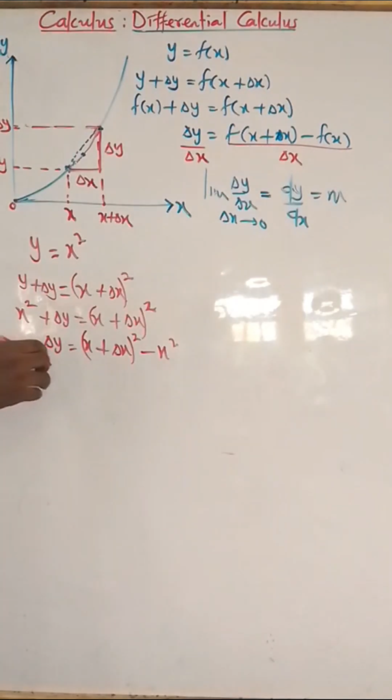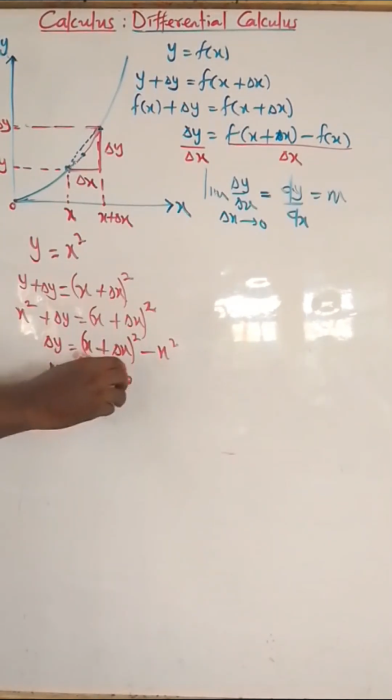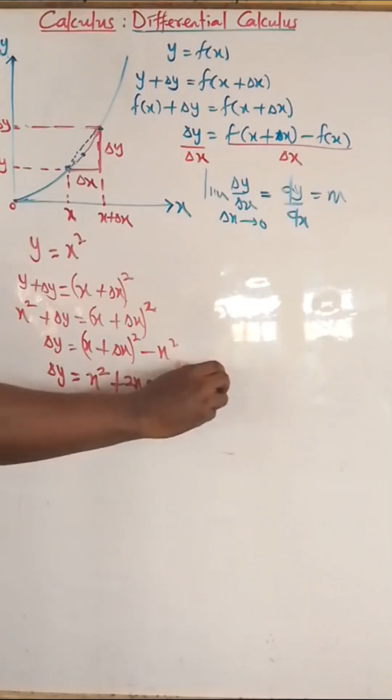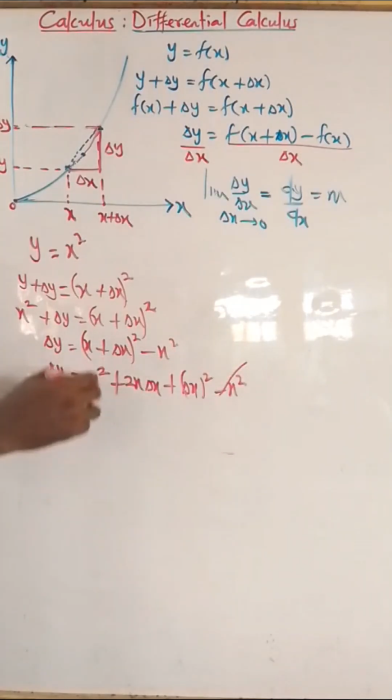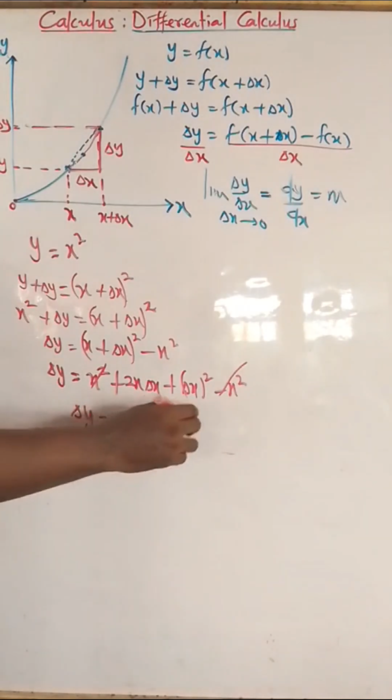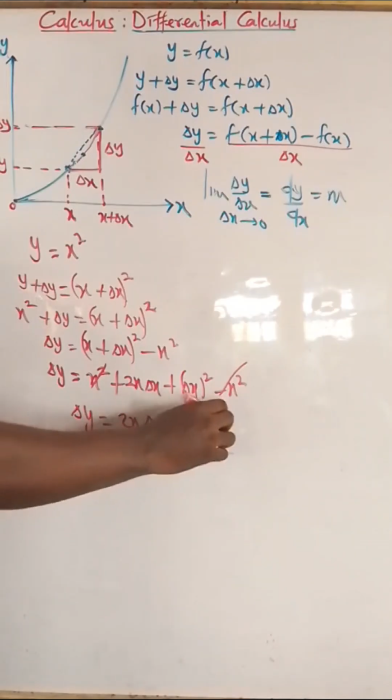Let's continue. From here, change in y becomes, let's expand this square of sum. So that will be x squared plus 2x change in x plus change in x all squared minus x squared. This x squared here cancels this x squared. So from here, change in y becomes 2x change in x plus change in x all squared.